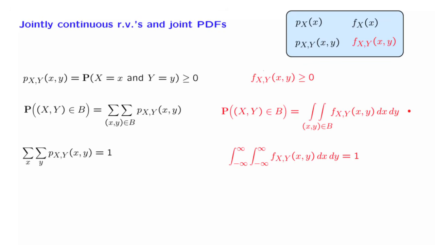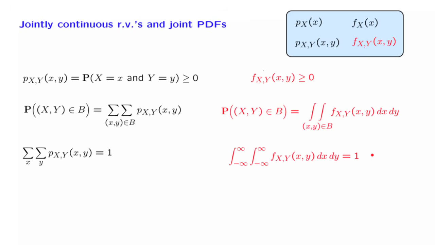Now, this relation here, this calculation of probabilities, is not something that we are supposed to prove. This is rather the definition of what a joint PDF does. A legitimate joint PDF is any function of two variables which is non-negative and which integrates to 1.